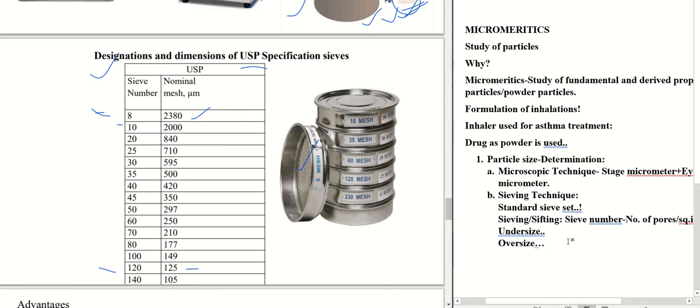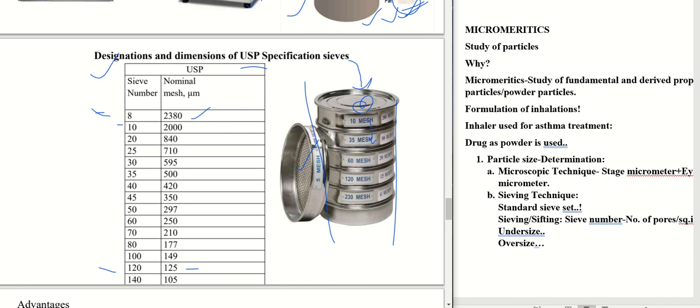The name itself indicates. Suppose we have taken a powder sample and set it up on a sieve shaker. Now some powder will be retained on the mesh. Observe carefully: retained on the mesh, and some will pass through sieve number 10 and enter the number 35 mesh.